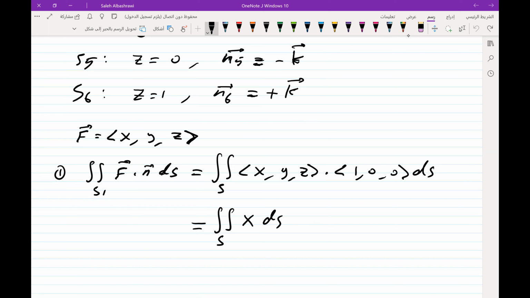That will be x ds. Since we are dealing with the x direction, the region will be in the yz plane.